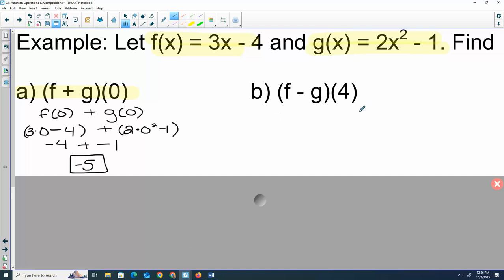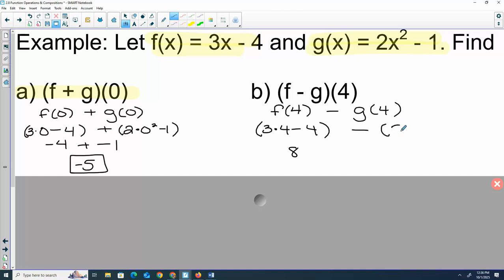So if I ask for f minus g of 4, we're going to plug a 4 into f, plug a 4 into g, and subtract those answers. If I put a 4 into f, three times 4 is 12, minus 4.